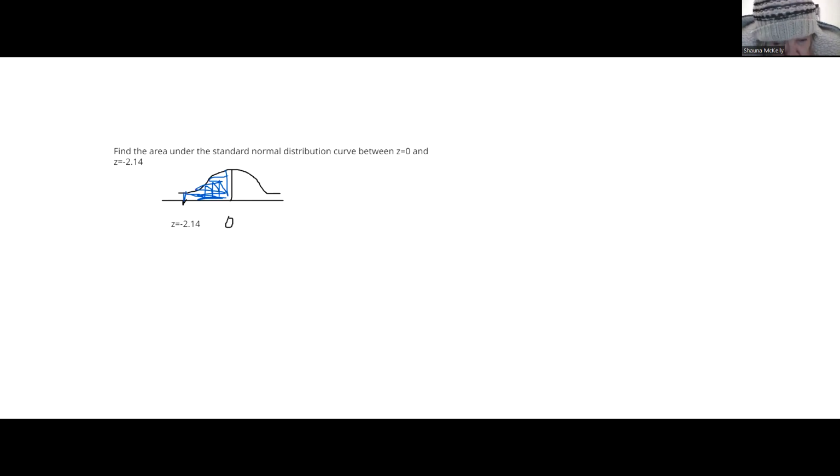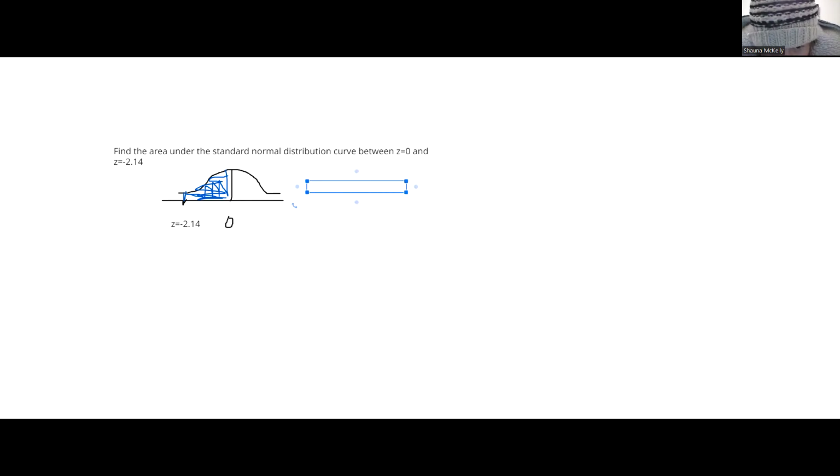Now, we have a function on the calculator that will actually tell me how much area this is. What portion of this curve am I taking up with that? And the function that we use for that is normal CDF. I'm going to show you that on the calculator in just a minute. So the normal CDF function, and you'll see why I'm giving you this in so much detail in a second.